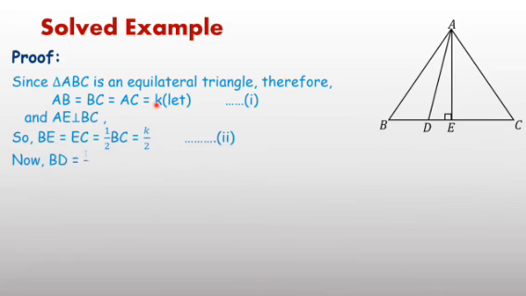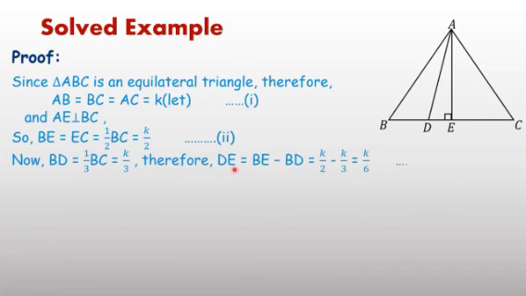Question second. Since BD equals 1 by 3 BC, we can write it as K by 3. Therefore, DE we can write as BE minus BD.